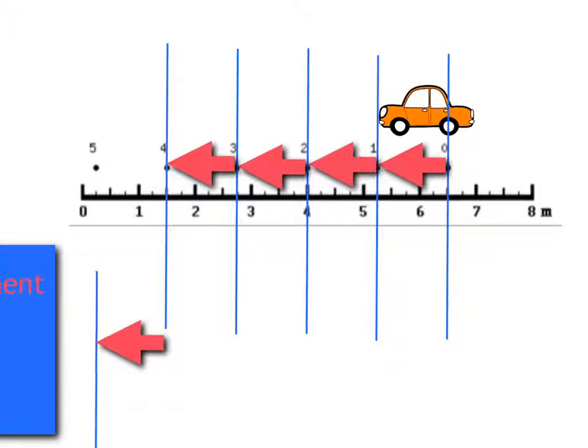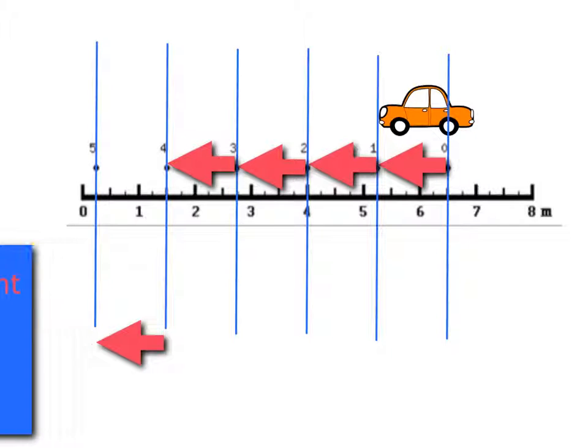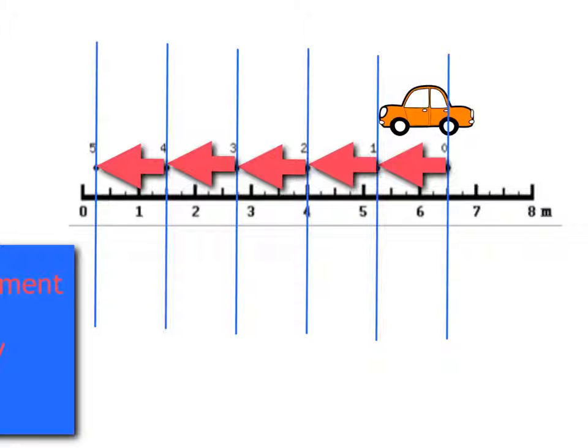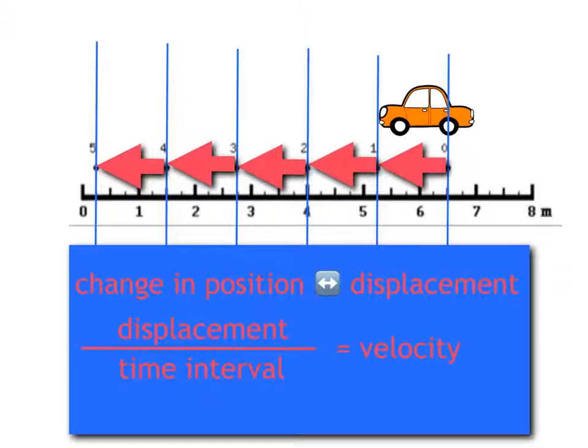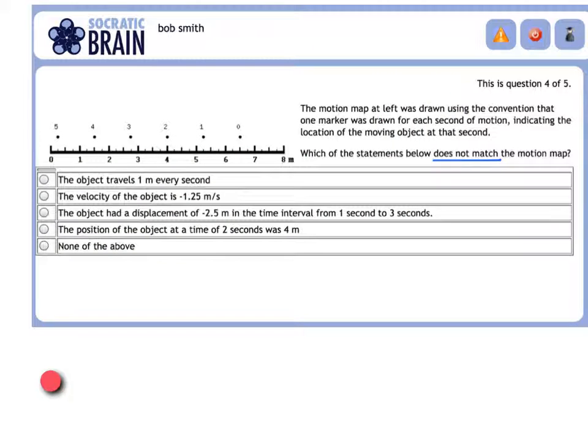And 4 to 5 seconds, still a constant velocity there. And so it looks like the displacement is always negative 1.25 meters. And since our time interval between each of these dots was 1 second, then our velocity is negative 1.25 meters per second. Okay, now we're ready to take a look at those answer choices.